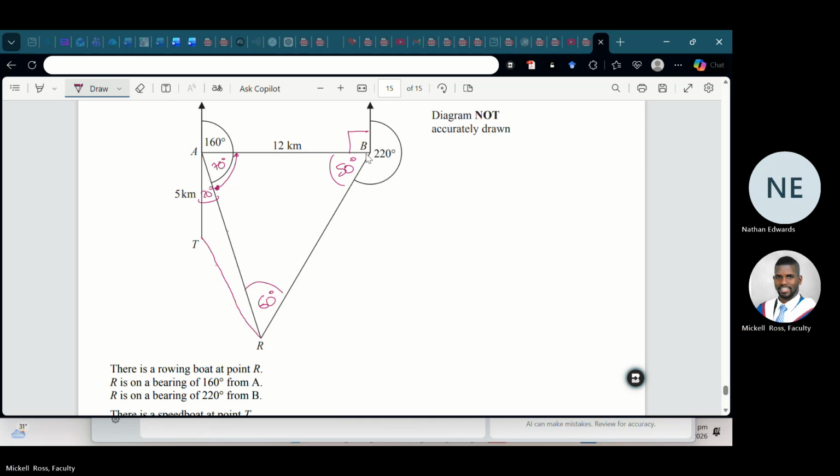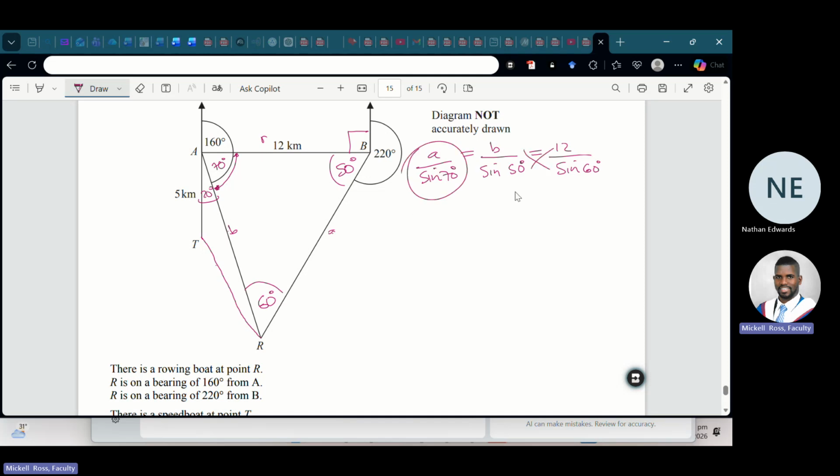Over here is lowercase b, over this side is lowercase a, over this side is lowercase r. So what you're going to have is a over sine A equal to b over sine B equal to r over sine R. Now, we don't need to find a, which is all the way over here, so we don't need this fraction.